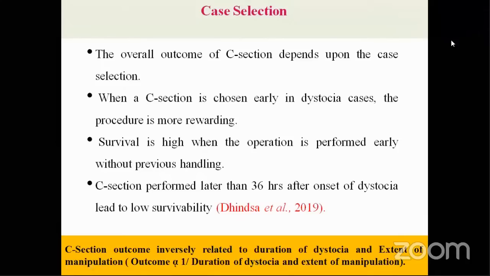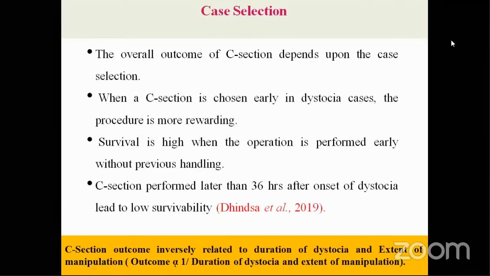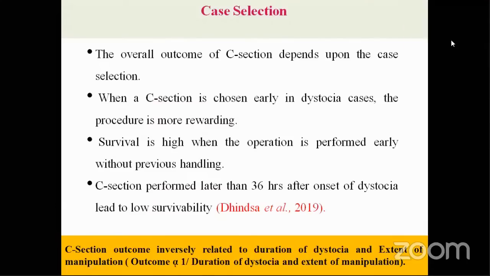The gynecologist handling that particular case has to take an immediate, firm, concrete decision that this case must go for the C-section, or that the fetus can be delivered by obstetrical techniques. So this decision is very important for reducing the duration of dystocia.